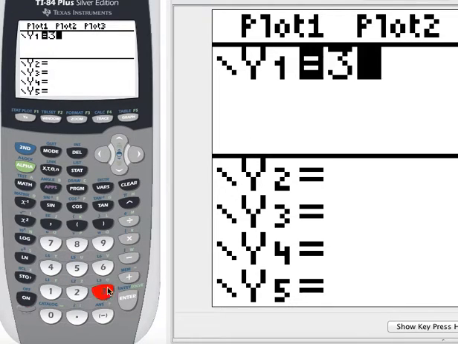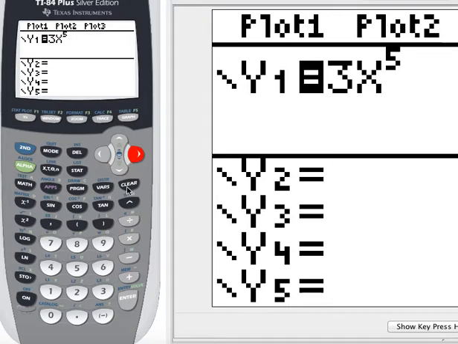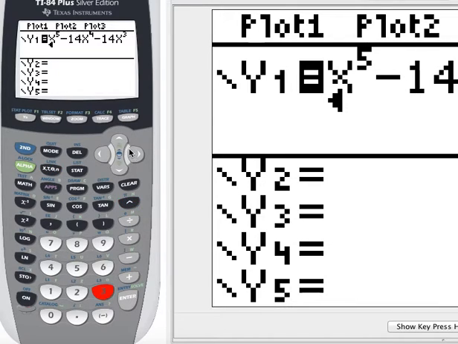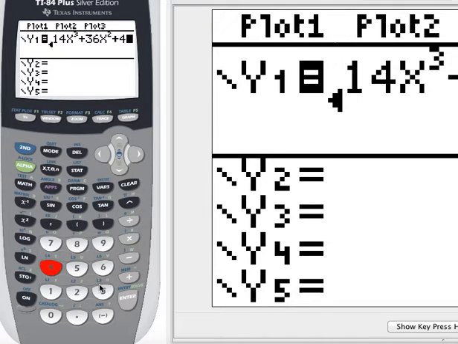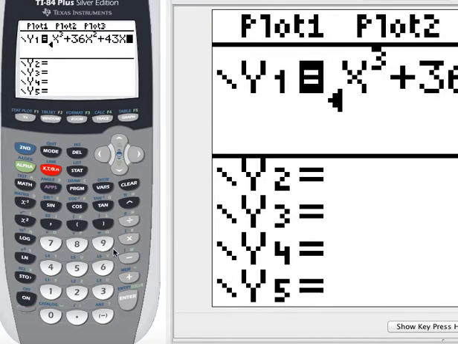Doing so, we get 3x to the 5th minus 14x to the 4th, and then minus 14x to the 3rd, and then plus 36x squared. That's not right. Plus 43x plus 10.